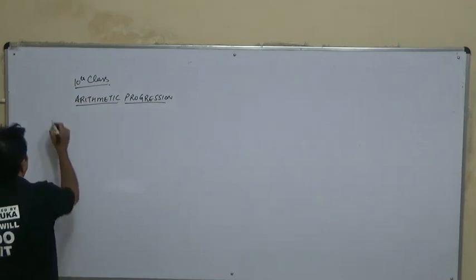Then the next question in this is, how many terms of the series 54, 51, 48 must be taken so that their sum is 513? So how many terms of the series? Question is 22nd.